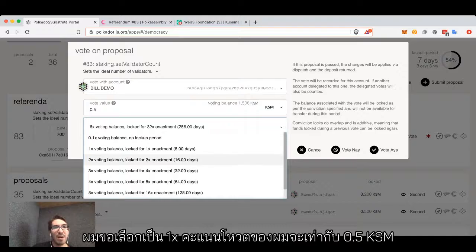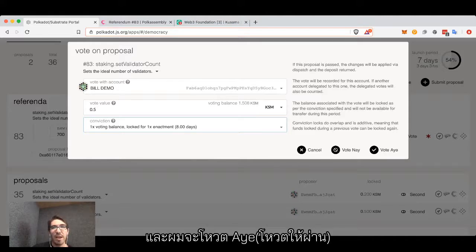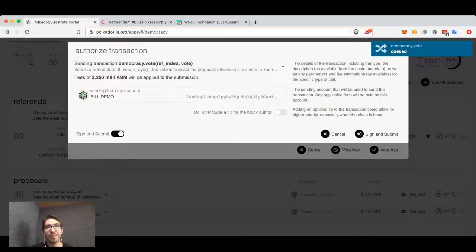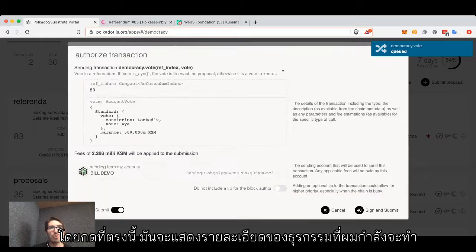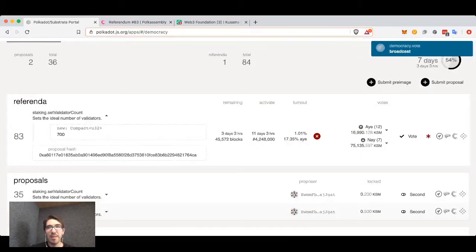So here I'm just going to vote for 1x. So this will count as half a Kusama. And I'm going to vote aye. I want to change the number of validators. So if I want to see more information, I can always click here, which will show me some more detailed information about what I'm actually voting on and what message I'm sending. Sign and submit.